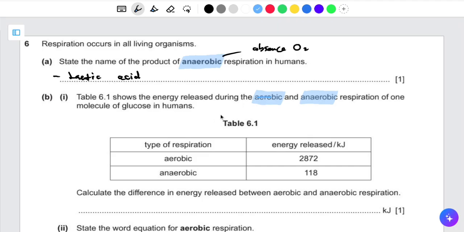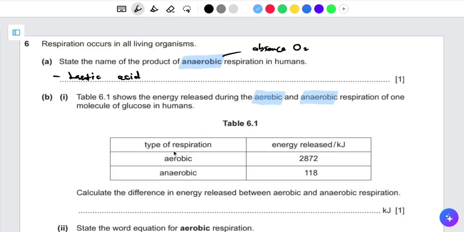Just know that respiration is the process by which living organisms break down glucose to release energy. But there are 4 steps involved. The first one is glycolysis, followed by the linked reaction as well as the TCA cycle, and the last one is the electron transport chain for energy to be released.